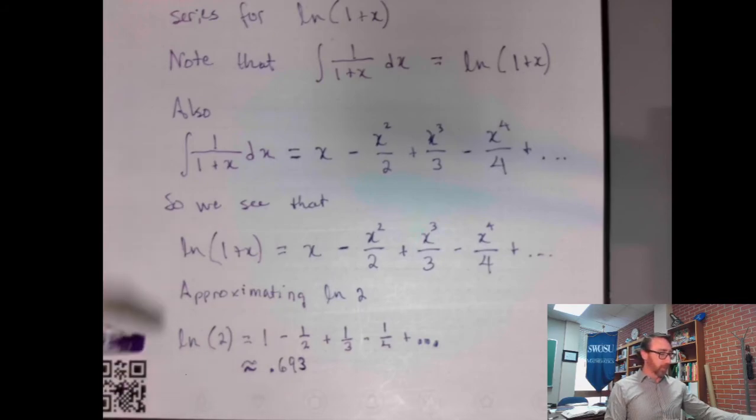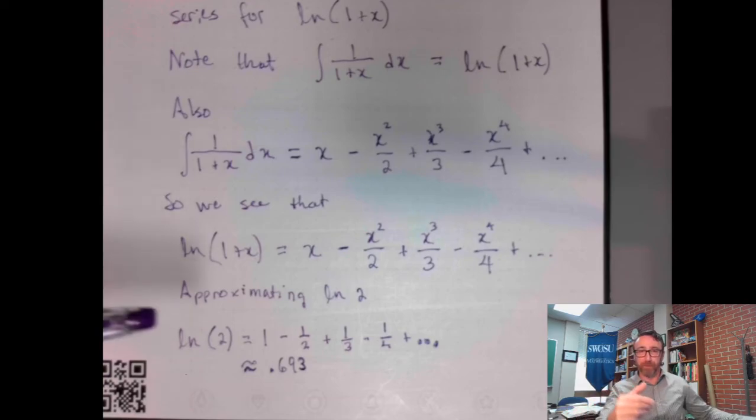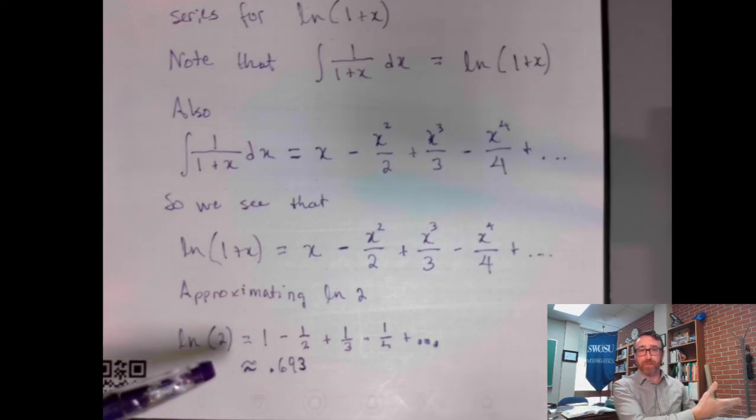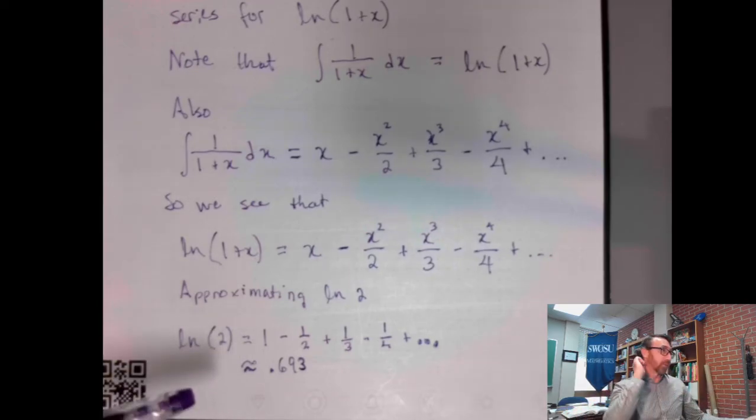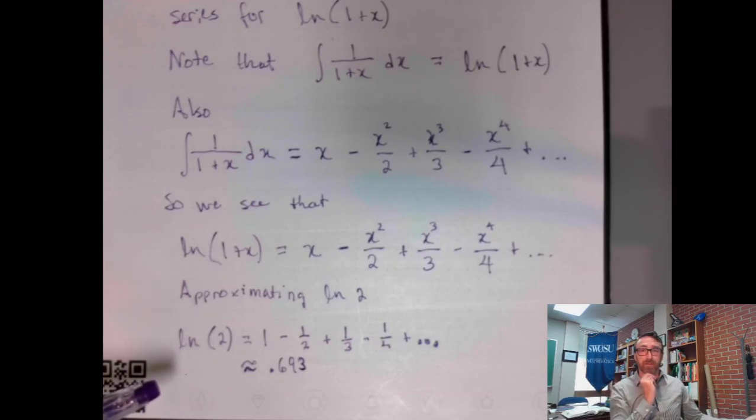One of the purposes of using these series is to help us get approximations for things that we can't get analytically. And I know the value of ln for a couple of specific inputs, like ln 1 is 0.